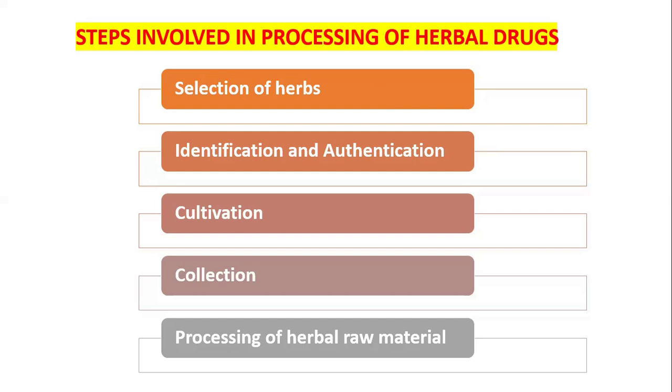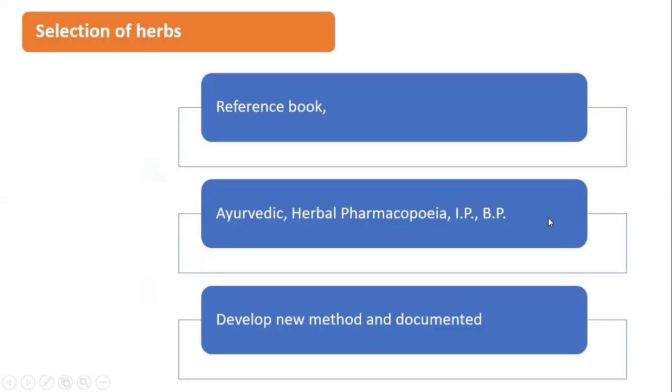So friends, why are you going to select one particular herb? Selection of the herb means you select that particular herb for a specific purpose. You have a certain interest in that plant, or you want to modify or develop certain genetic information. Second, you want to improve certain income sources.